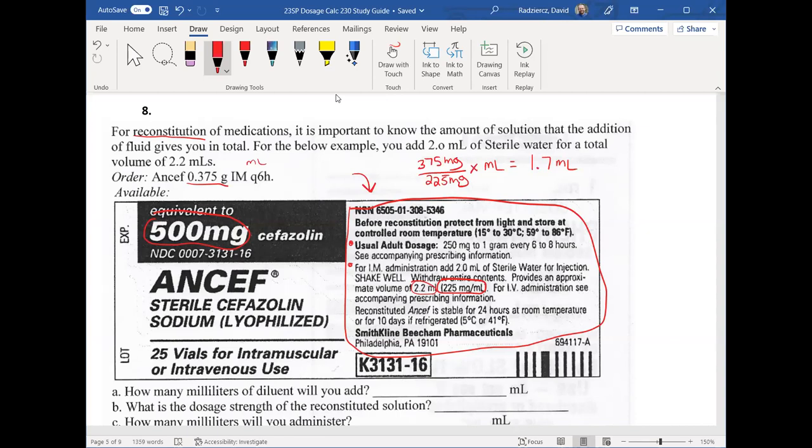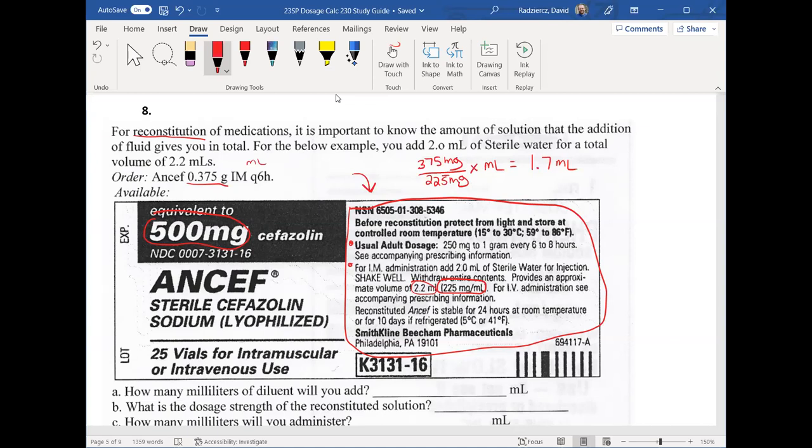And so what they did is they rounded that down and estimated at 225 milligrams per milliliter. Okay. But the actual concentration of this, assuming that the volume is actually 2.2 milliliters, is more likely 227 milligrams per milliliter. That's just an FYI.